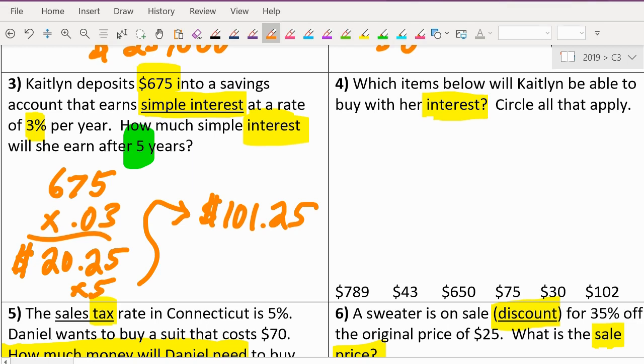All right. Which items below will Caitlin be able to buy? Now only the interest, right? So which ones can she buy? $7.89? No, siree. Yes. No, siree. Yes. Yes. Yes. No. Nope. Almost. Yes.